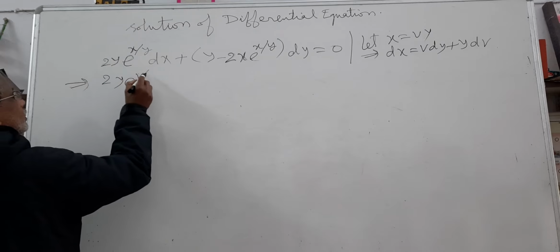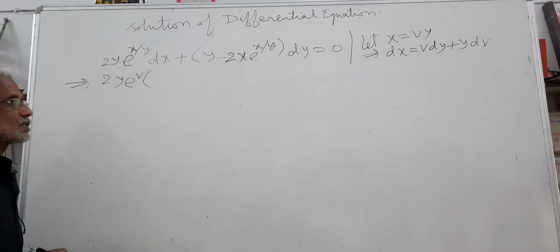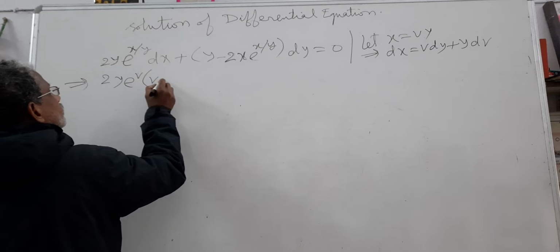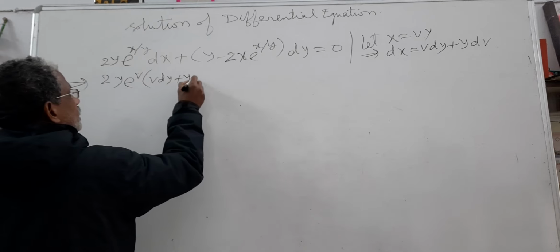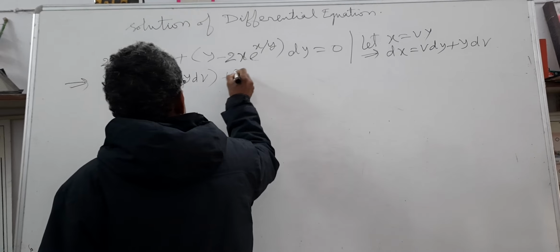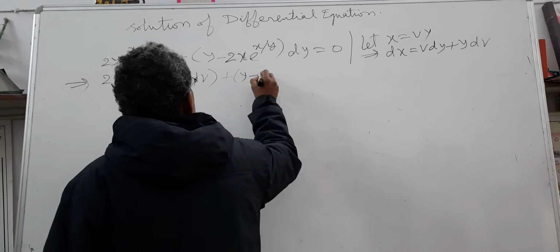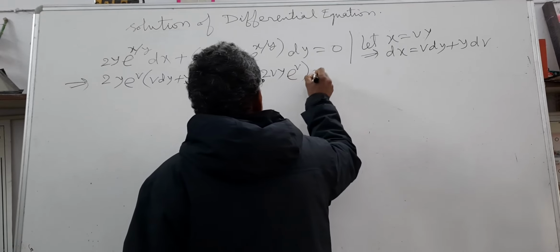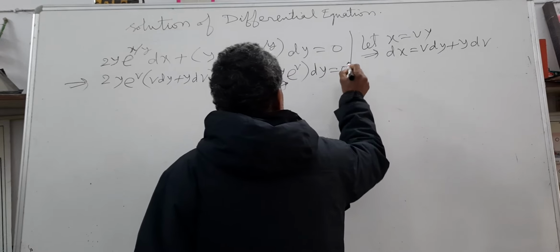The value of dx is v dy plus y dv, so 2y e to power v into (v dy plus y dv) plus (y minus 2vy e to power v) dy is equal to 0.